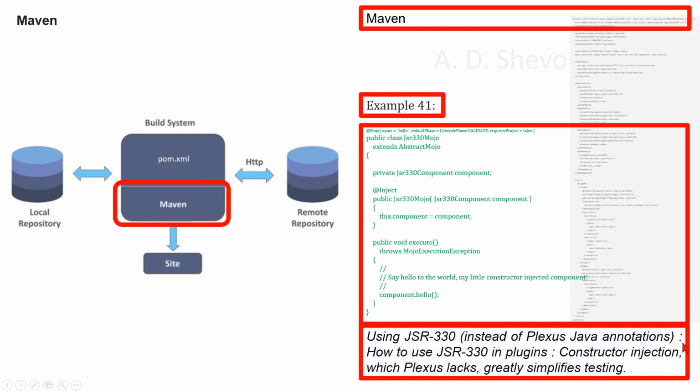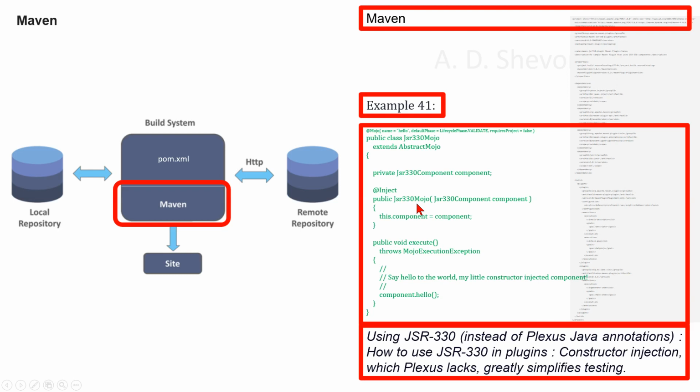Now we are considering how to use JSR 330 in plugins, using JSR 330 instead of Plexus Java annotations. Constructor injection greatly simplified the testing. Let's take a look at an example plugin. If you want to look at this example project, you can find it in the Maven core ITs.